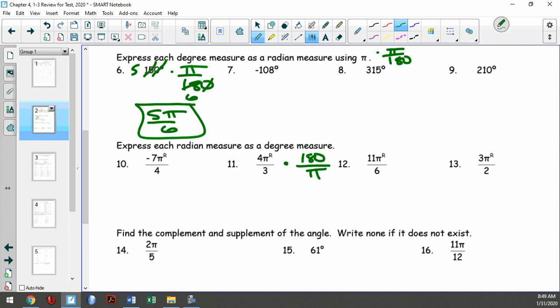Pi indicates the radians, so the pi's cancel out, and you're going to have 180 divided by 3, which is 60. 60 times 4 is 240 degrees. Do we all understand number 11? So on 6 through 9, you multiply by pi over 180. On 10 through 13, you multiply by 180 over pi. Yes?